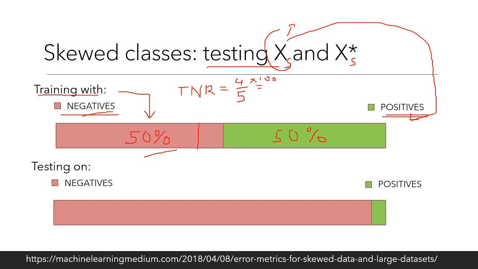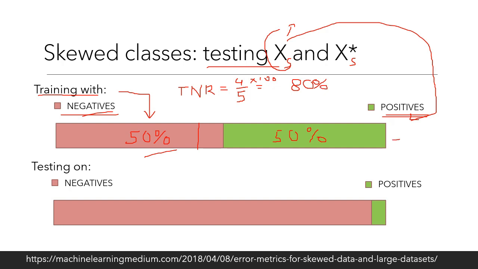So the true negative rate is 80%. That means out of 100 negatives, we'll correctly get 80. So that's 80%, okay? That's the specificity.